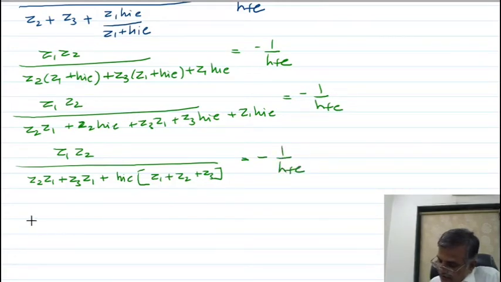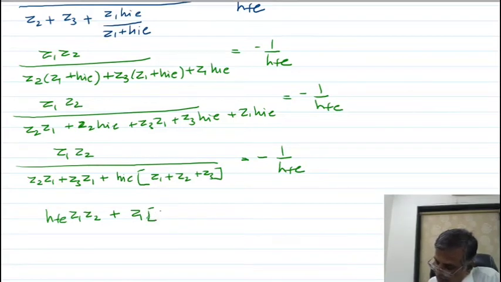So I can write this as HFE Z1 Z2 plus Z2 Z1, or you can say I can take Z1 common.